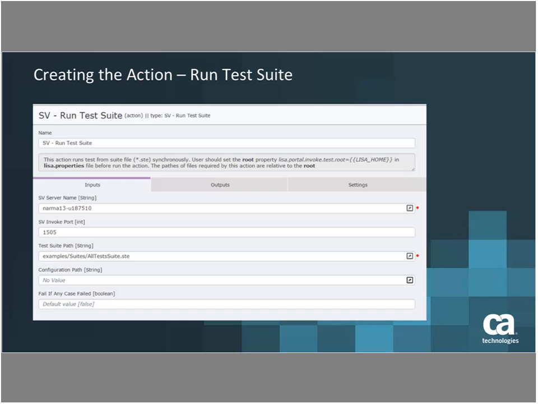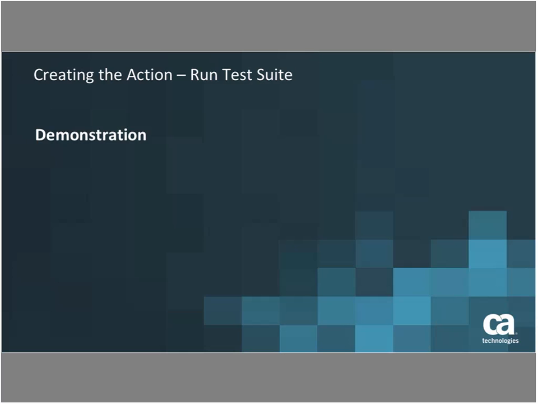That's why you have to modify the local properties. You can just copy this line and paste it in the local properties. And it's the same, just give the DevTest server name, port, and the path where your test case or test suite is stored. This is the relative path. You just give that, and it will start working.